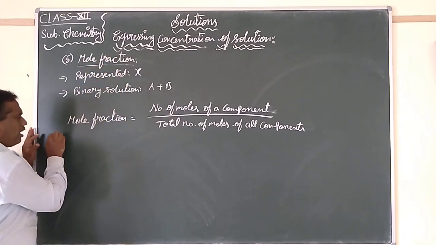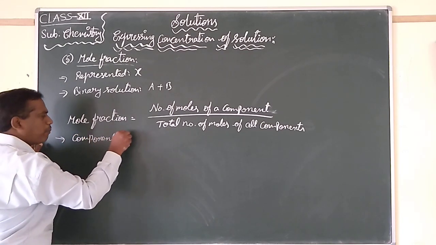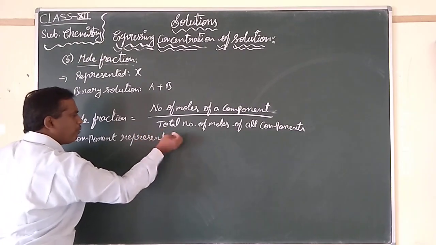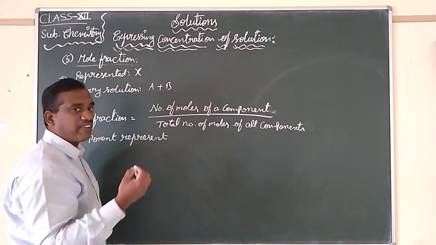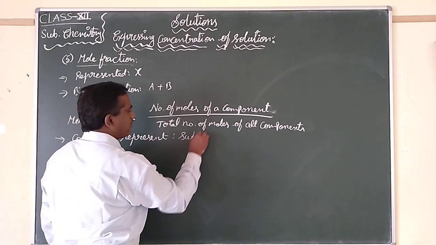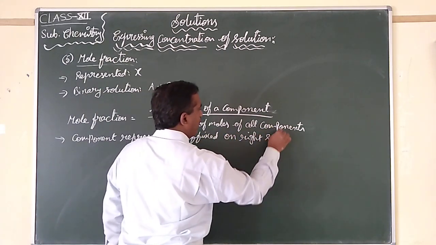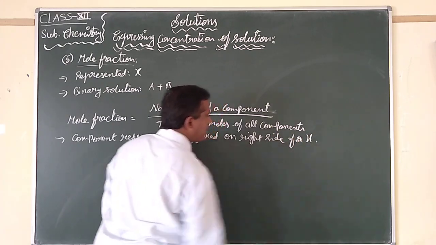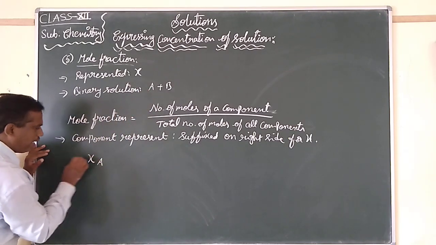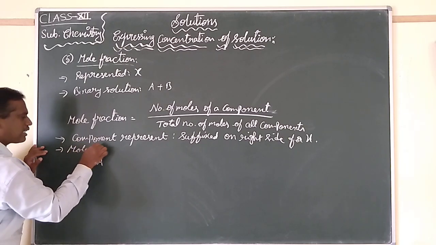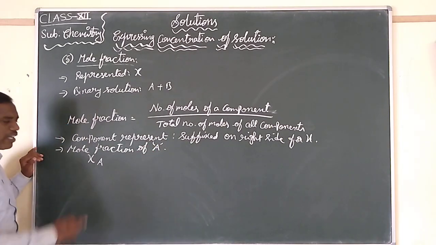With X. The component that is going to be represented is written as a suffix on the right hand side of X. The suffix on the right side of X means we are going to represent the component A. So, the mole fraction of A.